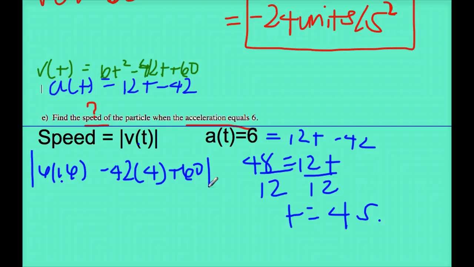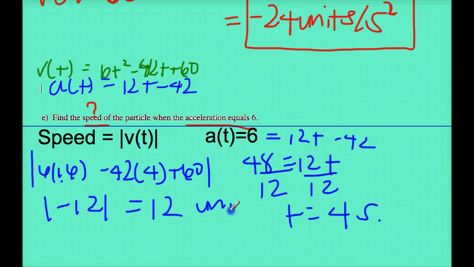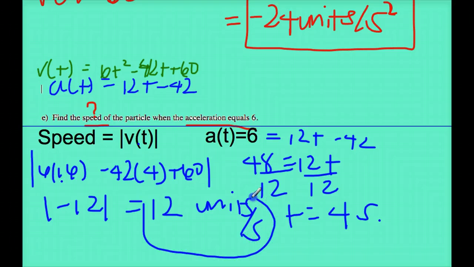So what I'm going to get, if I do my math, is negative 12 in absolute value, which gives me 12 units per second. Good, so by taking a look at the different phrases and taking a look at our word problem chart, it gives us an idea of where to go.